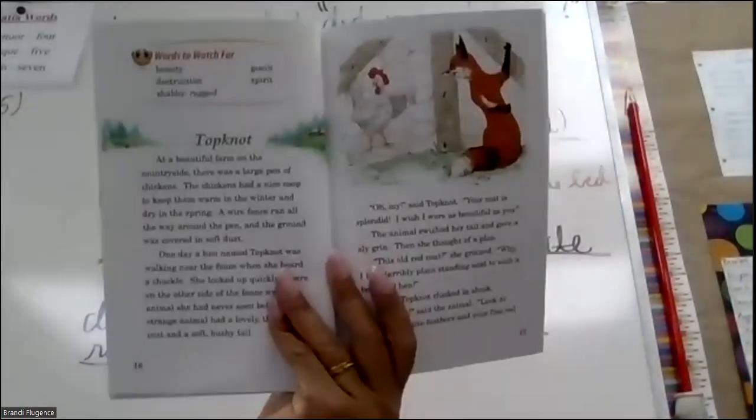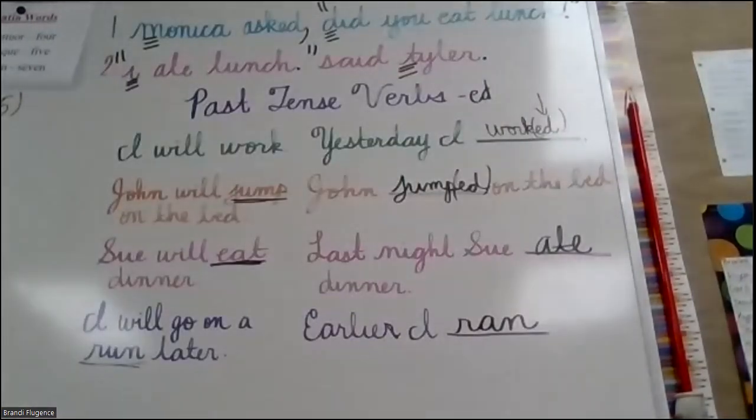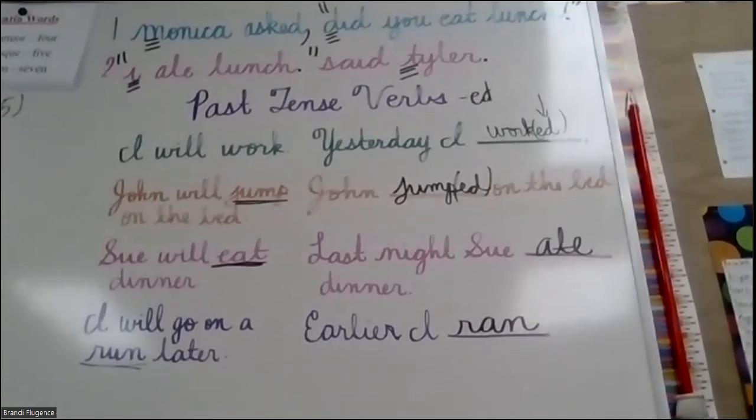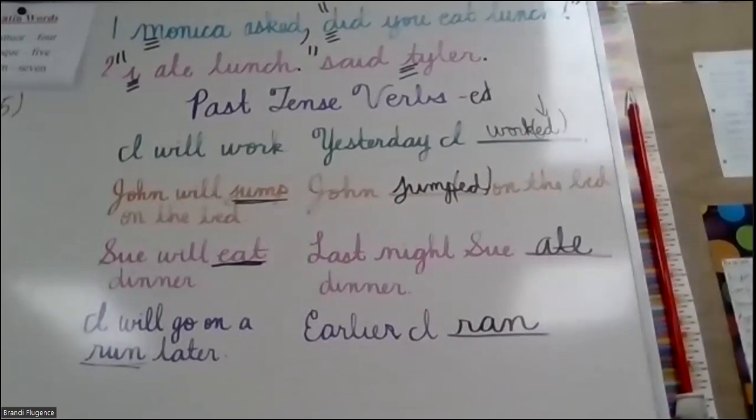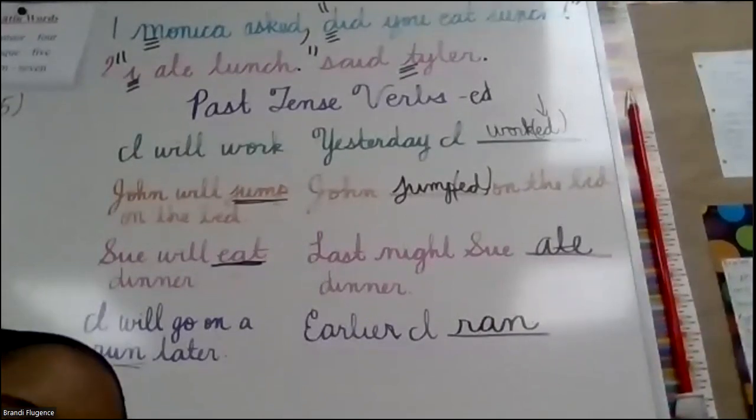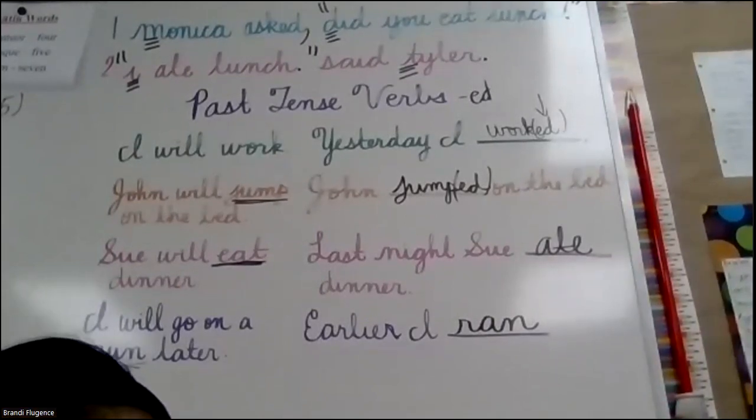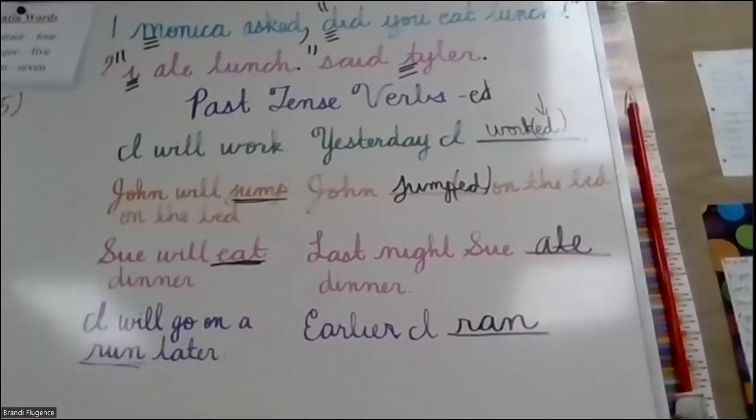Topknot. Page 16. All right, Dennis, you can start us off on 16. Our reading book, Across the Meadow.